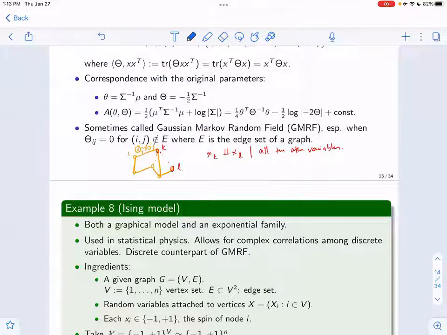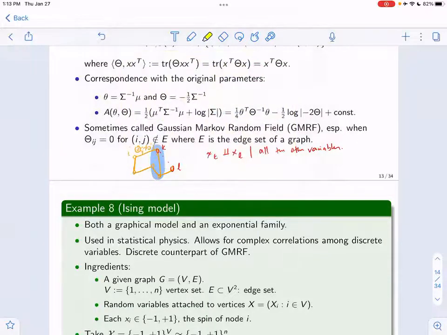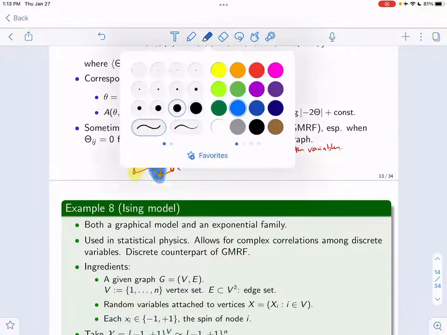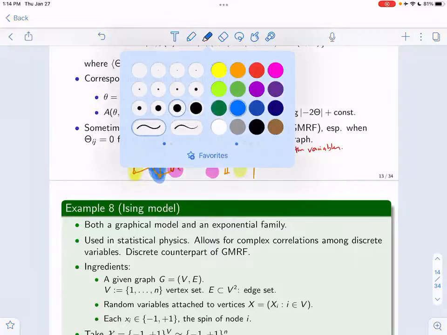But then you can also show more. If I pick any subset of nodes, let's say I have these three nodes in a set, and then I have these two nodes in a set, and I have another subset here, then basically this set is going to be independent of the yellow set given the blue set.